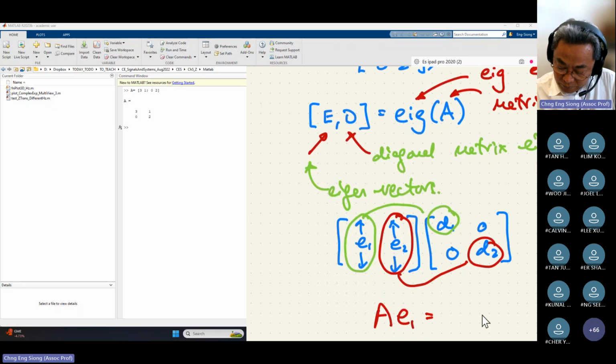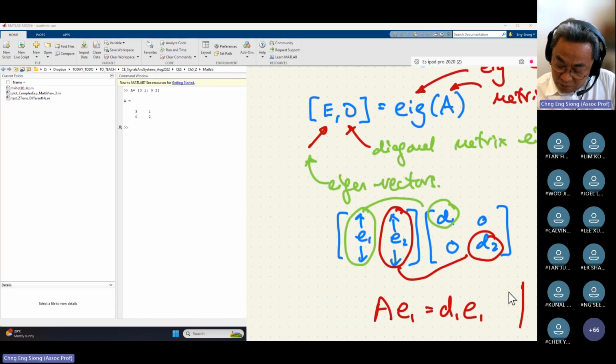Something times E1, and that is D1 times E1. So this is the eigenvalue. If we multiply A by E2, we'll get the scalar D2 times E2.